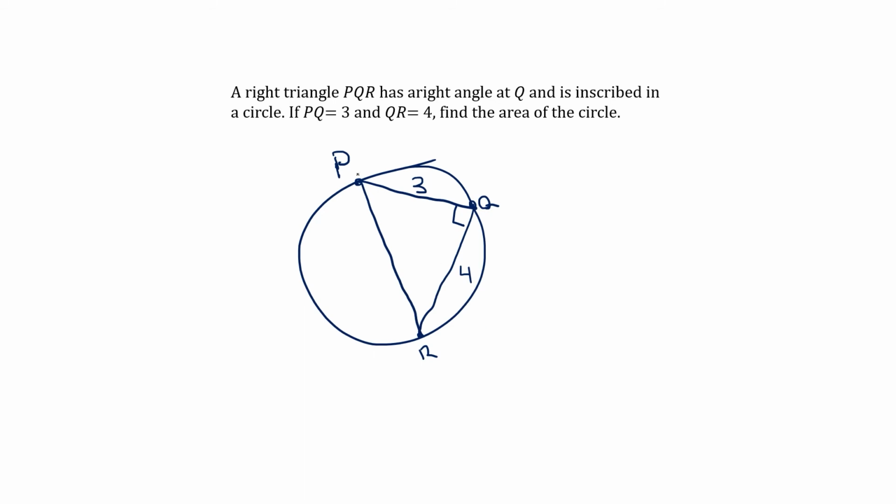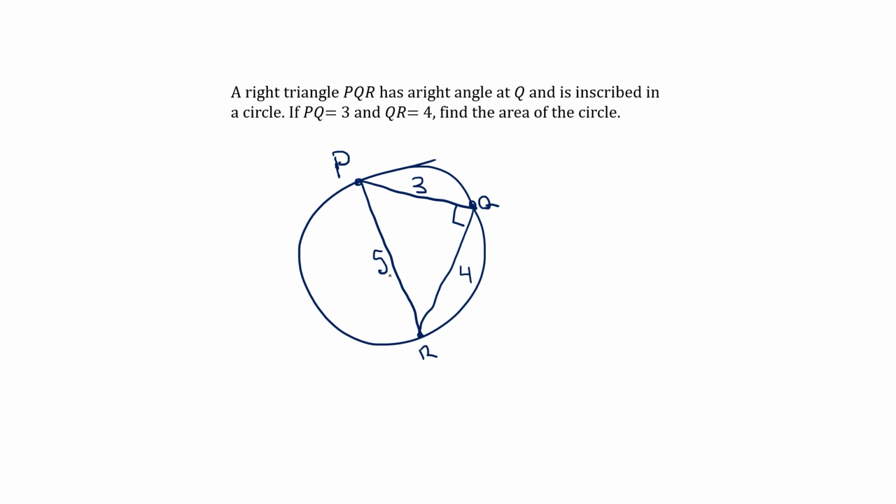So we can find the diameter with Pythagorean theorem. And it doesn't tell you that this is the diameter, but it's implied by the fact that it is inscribed. You're just going to have to trust me. So Pythagorean theorem, this is a 3, 4, 5 triangle. If you want to do Pythagorean theorem, go ahead, but this is a special one. 3, 4, 5, 5, 12, 13 or something. I don't know. There's a couple.